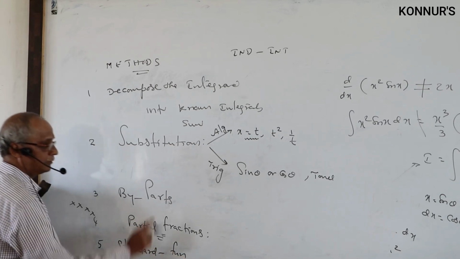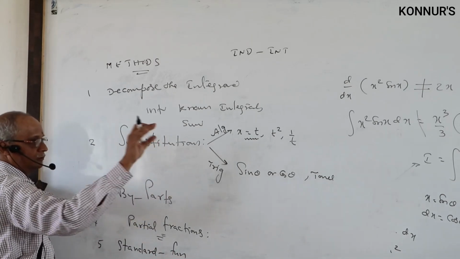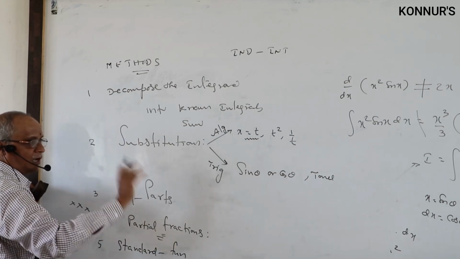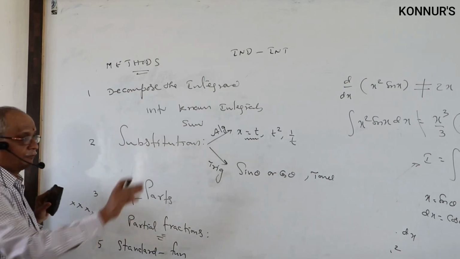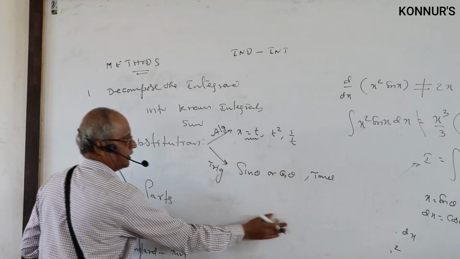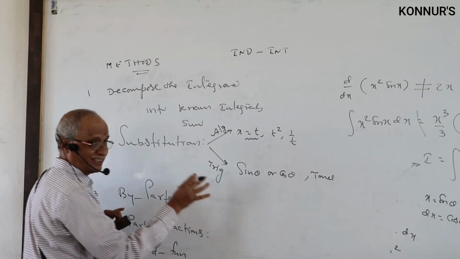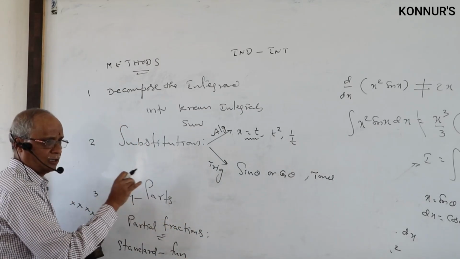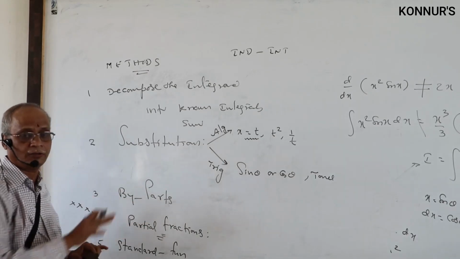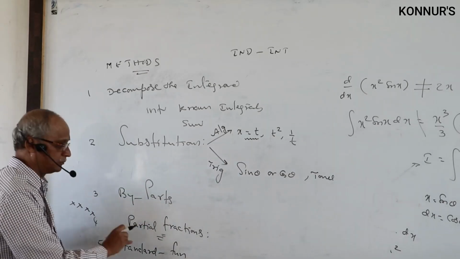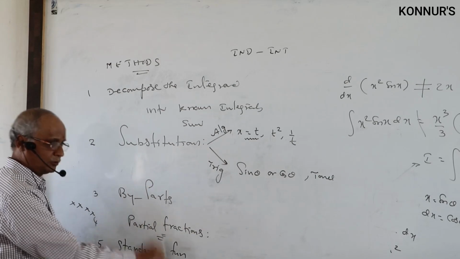If the problem is in this form, you apply this rule only; otherwise it is not possible. It is a fixed, standard question, they cannot change it. For a standard problem, you use this method only.